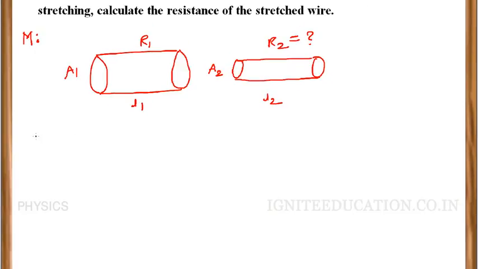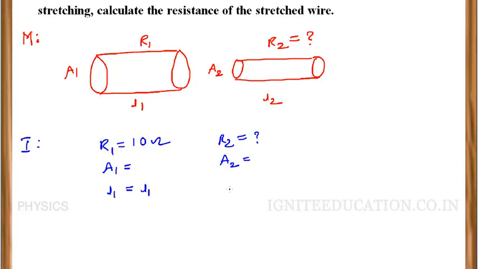So now I am going to investigate the things. What are the quantities that I have been given? First of all, R1 is equal to 10 ohm, A1 we don't know, so let it be A1 only. L1, let it be L1, and R2 we need to find out, and A2 also, let it be, we don't know.